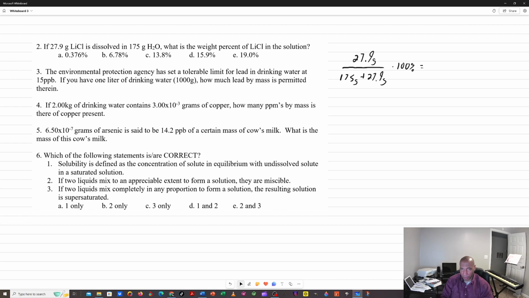So that's going to be 27.9 divided by the sum of 175 plus 27.9, which is 202.9, times 100. That's going to give me 27.9 divided by my answer times 100.